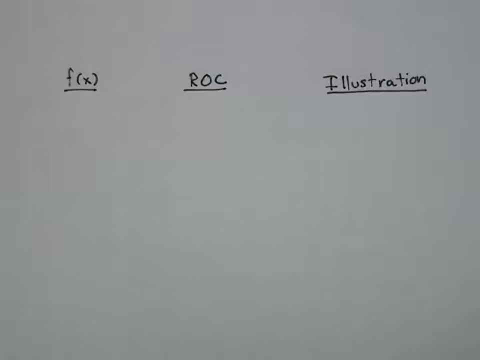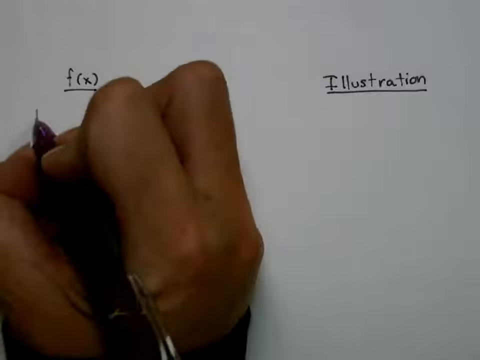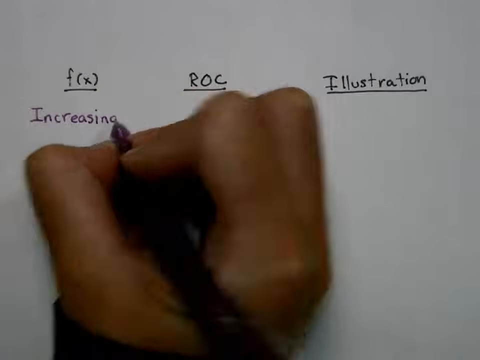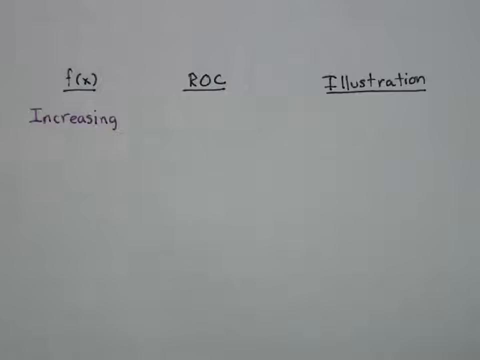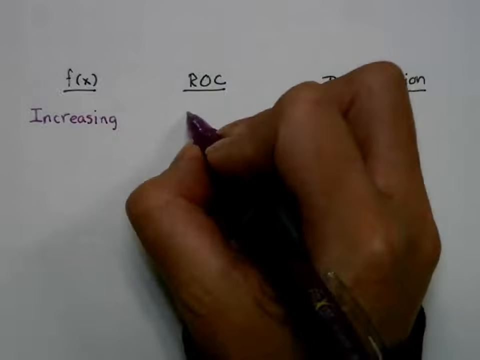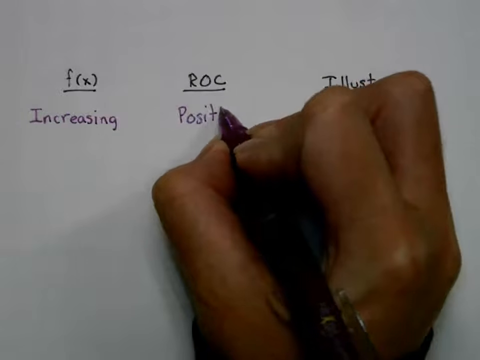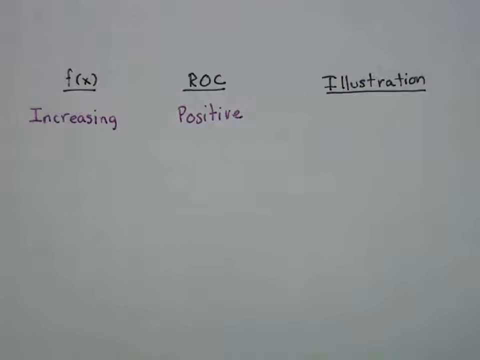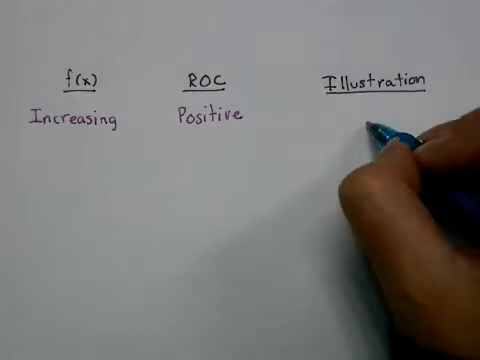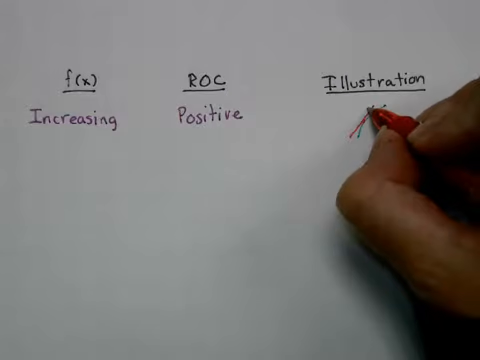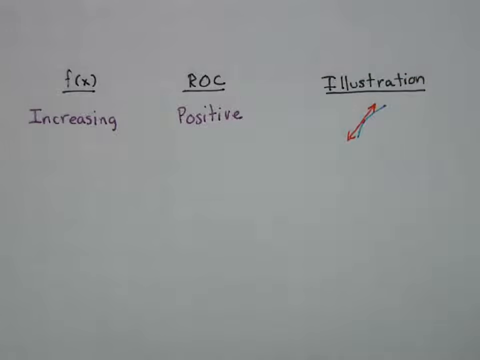So if f of x is increasing, and we just did examples to show increasing, decreasing. If the graph of f is increasing, that means the rates of change are positive. Okay, for an illustration, if I have an increasing graph, and I'm going to use tangent lines, the slope of any tangent line there is going to be positive, and rate of change is the slope.